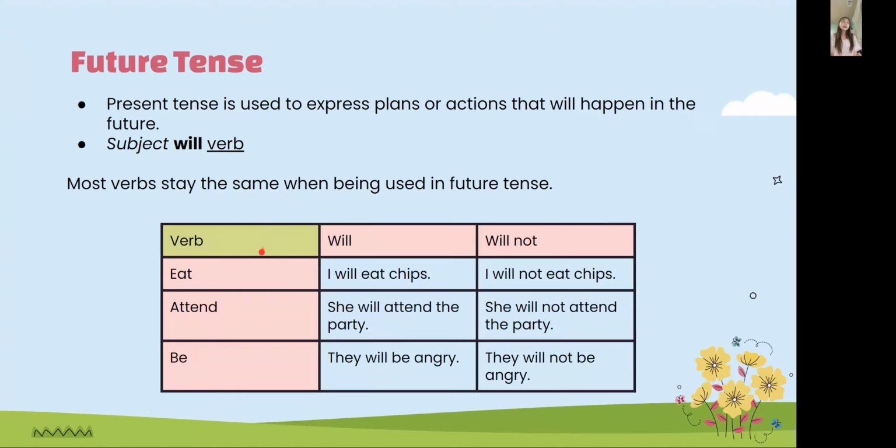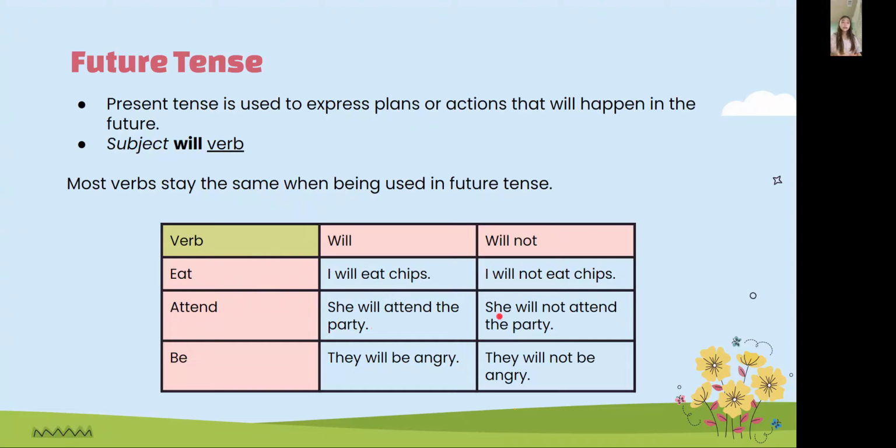Most verbs stay the same when they're being used in the future tense. For example, in our chart, you can see that we're using the verb eat. The first sentence is, I will eat chips. If you do not want to eat chips, you say, I will not eat chips. The next verb is attend. She will attend the party. But let's say she does not want to attend the party.